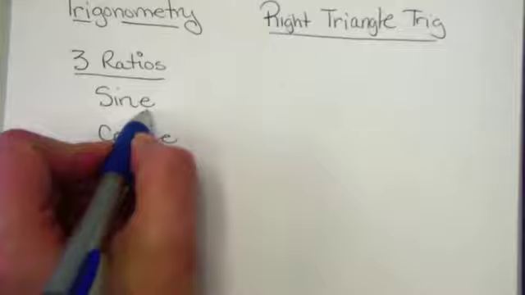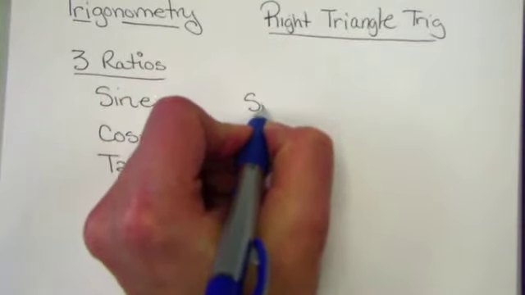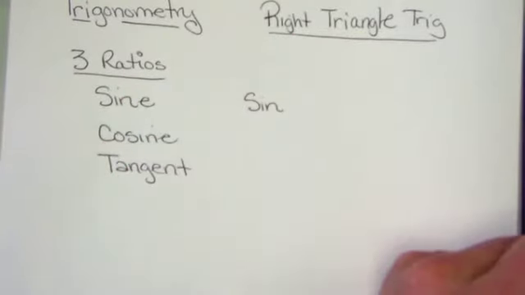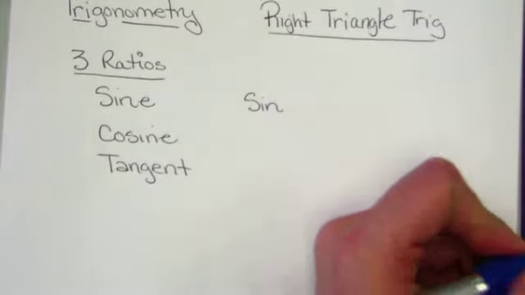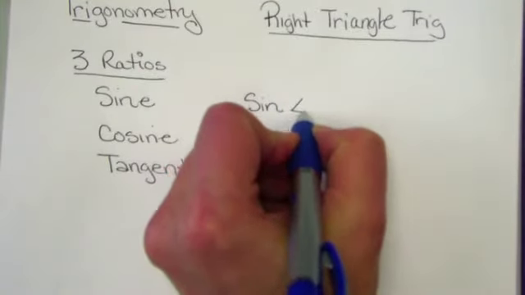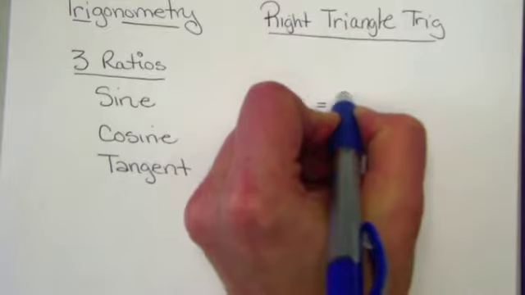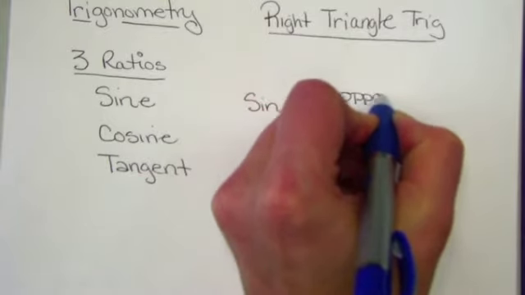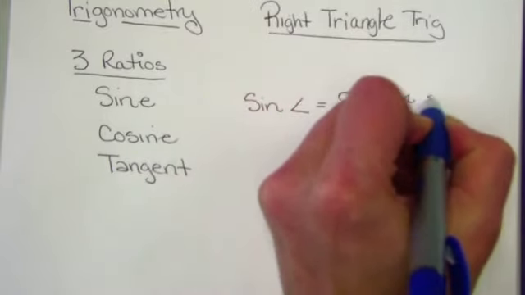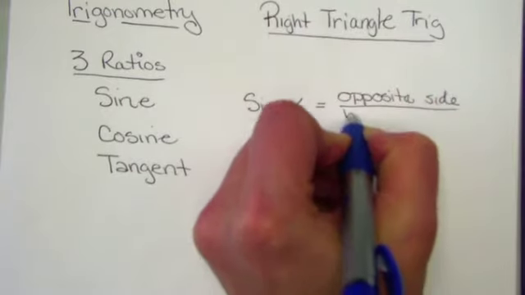We'll start with sine. Sine is abbreviated S-I-N, and you pronounce that sine, not sin. And the sine of an angle is equal to the ratio of the opposite side over the hypotenuse.